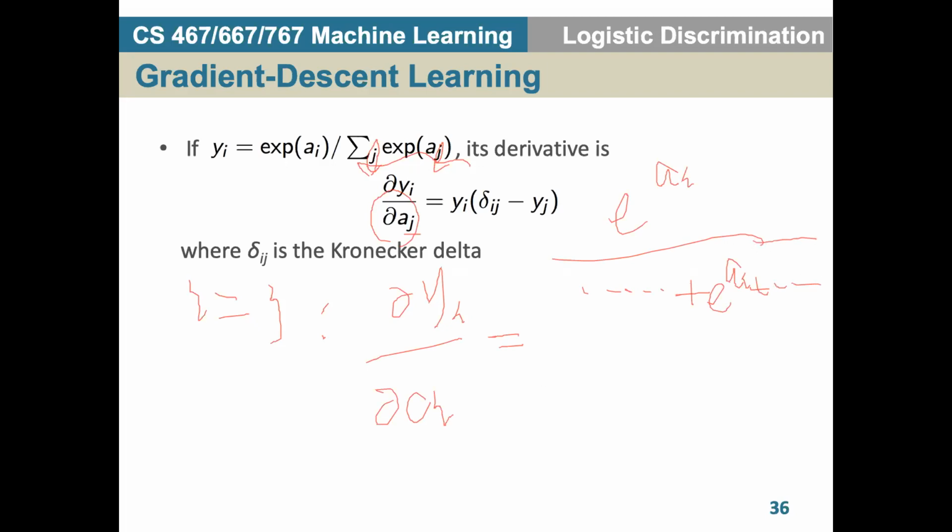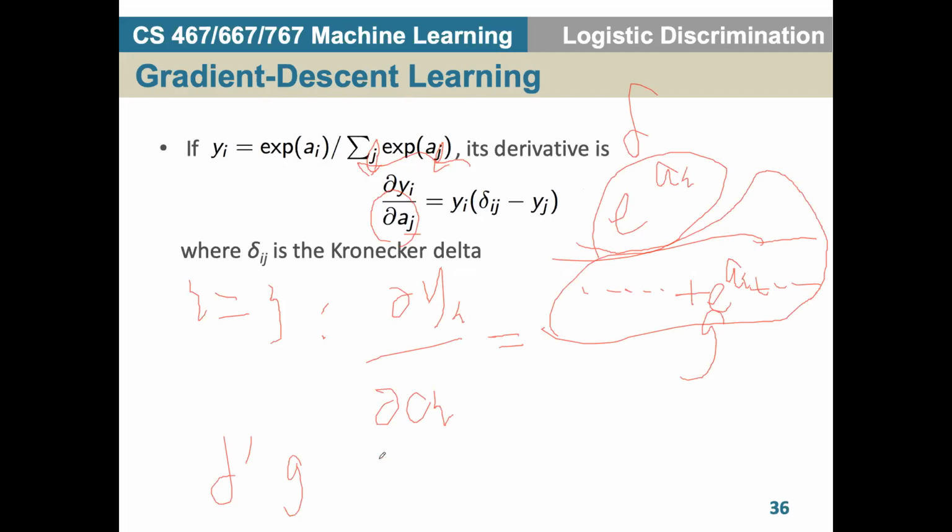Okay, so take the derivative. You can think about it as two parts. Firstly, this is f, and one divided by this is g. First, f prime times g: f prime is still e^{a_i}, and g is still one divided by the summation. Next term is f times g prime.